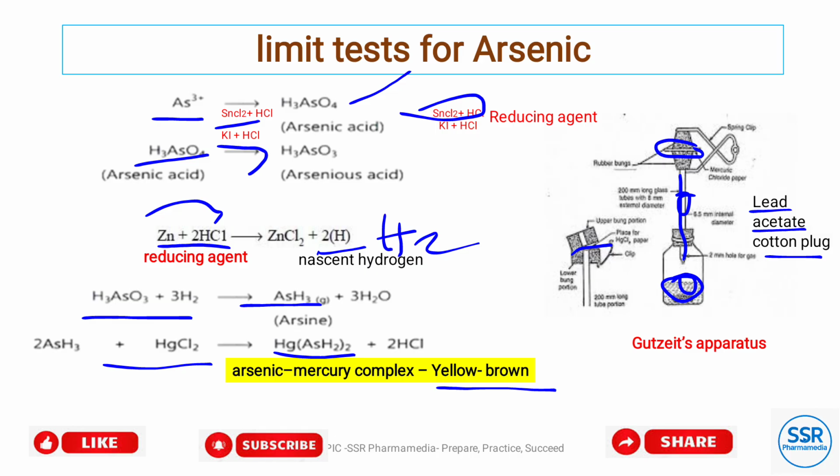Those impurities may damage the mercuric chloride paper when they travel through this tube and reach it. Once it is damaged, it is very difficult to compare the color intensity accurately. So in order to prevent the impurities of other gases, we have kept lead acetate cotton.